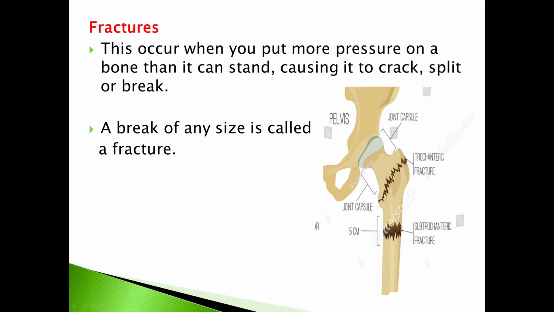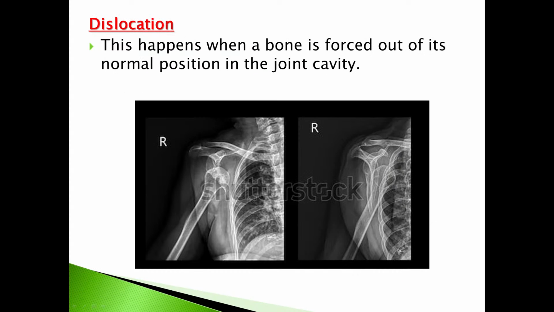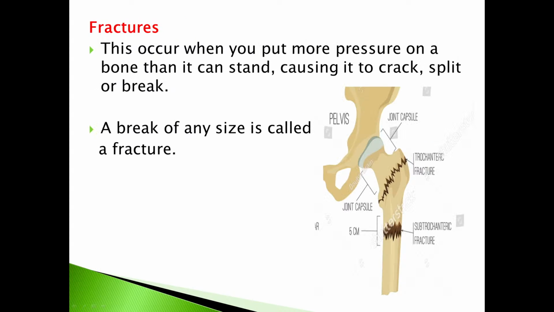Fracture. Whenever somebody receives a broken bone, so when you say your hand broke or your foot broke, the scientific term is fracture. You have two types of fractures: complete fracture and incomplete fracture. Whenever the bone totally breaks in two, that is known as a complete fracture.